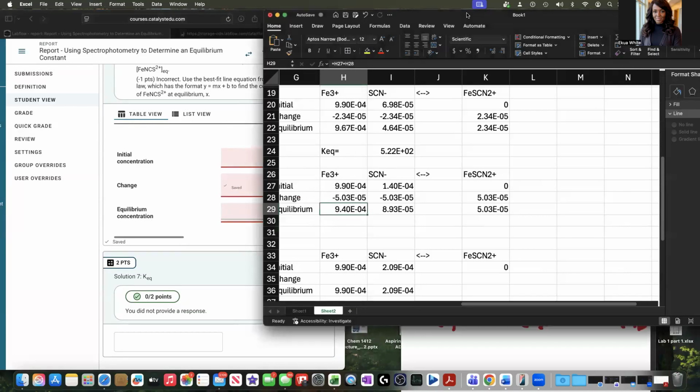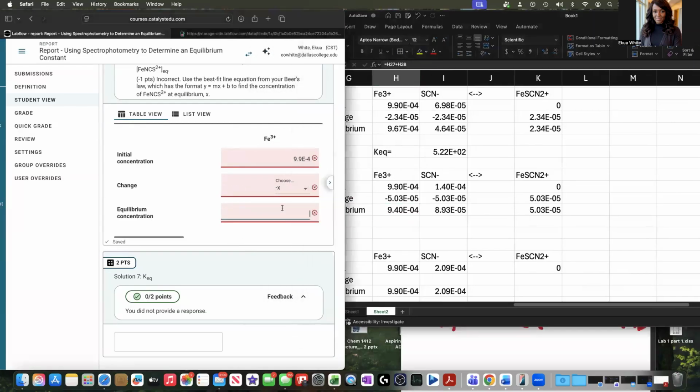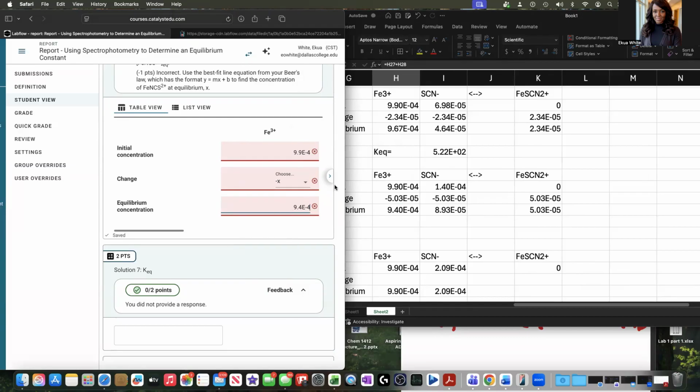So what we have here is 9.4 exponent -4. And then go to the right here. We got 1.4 exponent -4.